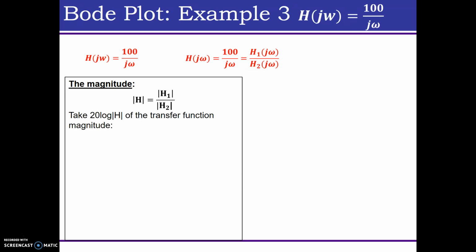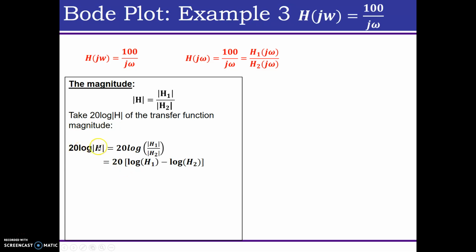We basically get 20 log of h1 over h2. Now the logarithmic property says log of a over b is the same as log of a minus log of b. So log of h1 over h2 is the same as log of h1 minus the log of h2, and that's all multiplied by 20.